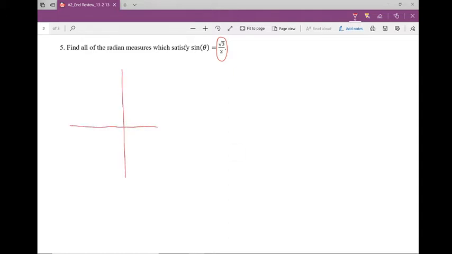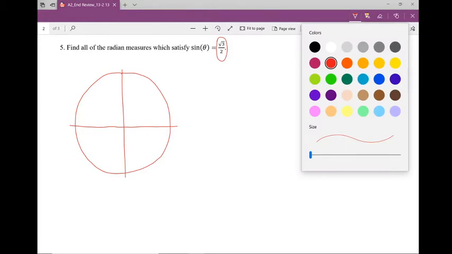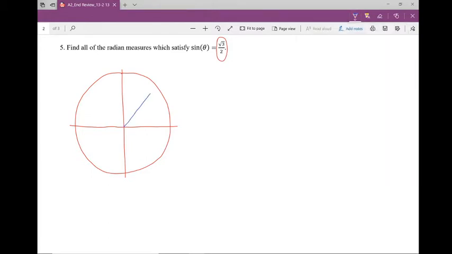When we deal with special angles and radians, what that means is we're going to be referring to the special right triangles. And so in our unit circle, there are only so many. The 45, 45, 90 triangle, which will also be repeated here, as well as here, and here.